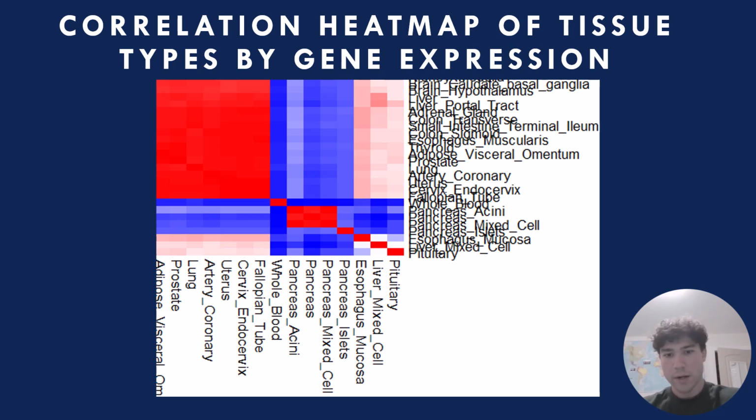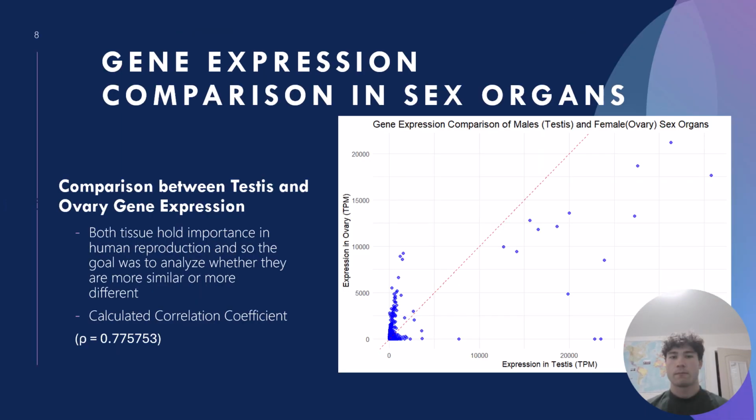You see pancreas tissues and whole blood just do not share similar gene expression profiles with other tissues. If you go back and look at the entire picture, obviously I didn't have enough space on this slide, the entire correlation heat map is bright red except for this little cross right here of blue. It really highlights the difference in gene expression profiles between whole blood and pancreas, which I thought was pretty interesting.